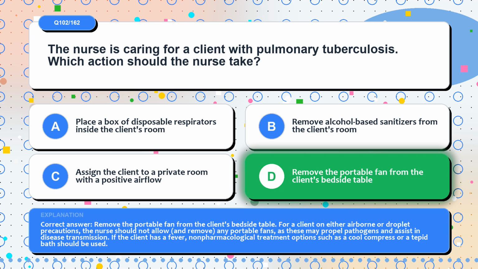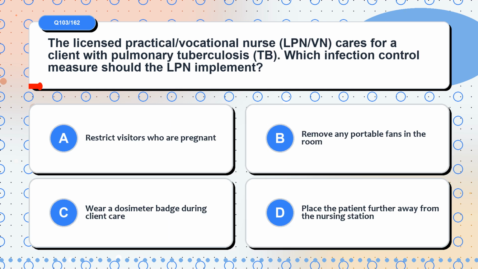If the client has a fever, non-pharmacological treatment options such as a cool compress or a tepid bath should be used. Question 103. The licensed practical/vocational nurse LPN/VN cares for a client with pulmonary tuberculosis TB.